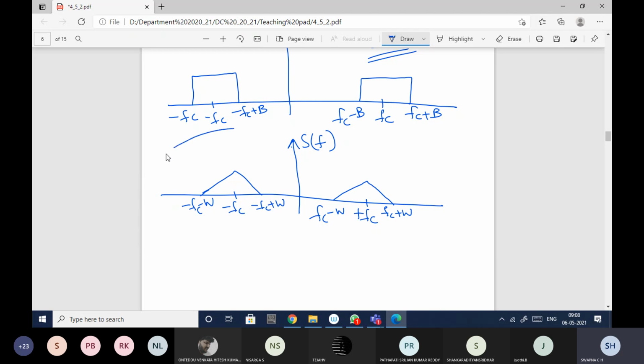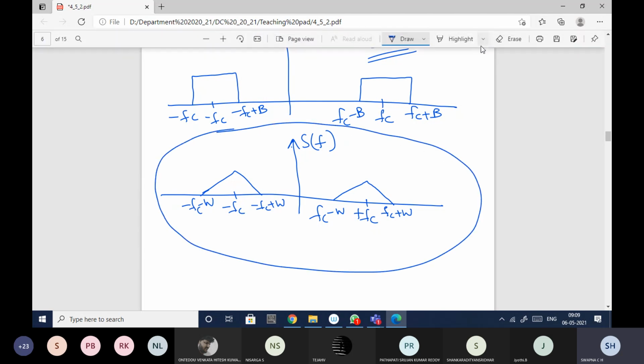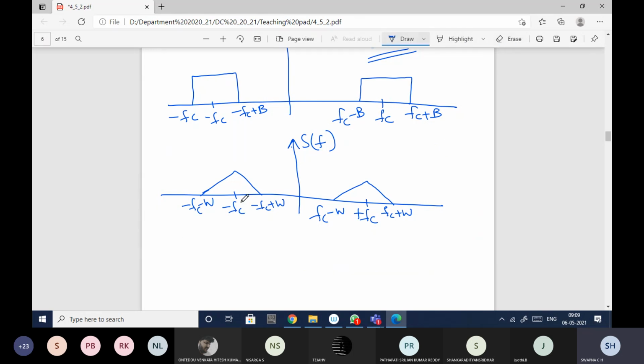Why am I showing you this S of f? To correlate and analyze, in the sense that I will compare this S of f with this H of f.